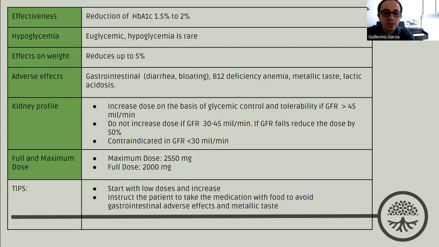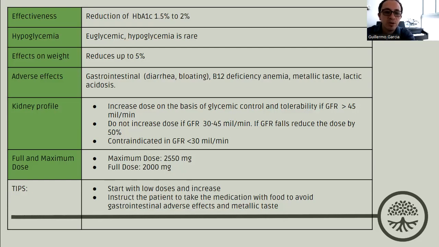Then do not increase the dose if glomerular filtration rate is 30 to 45 milliliters per minute, and if glomerular filtration rate falls, reduce the dose by 50%. It is contraindicated in glomerular filtration rate less than 30 milliliters per minute.